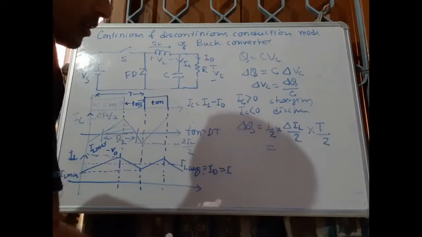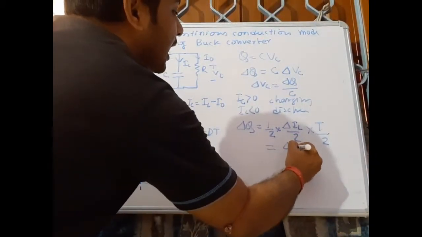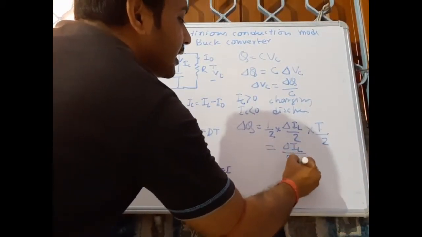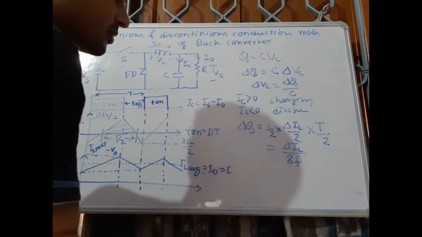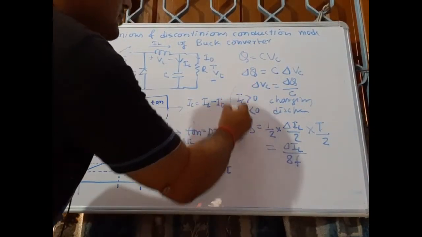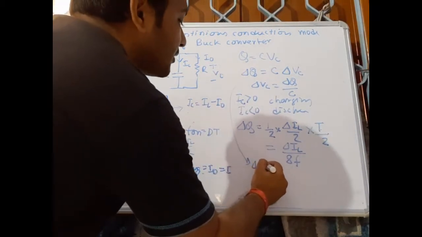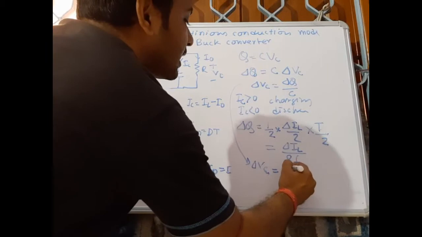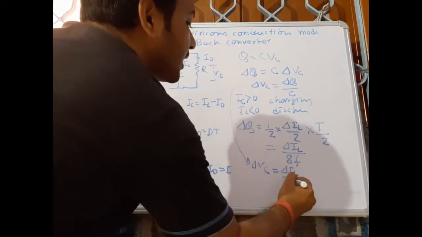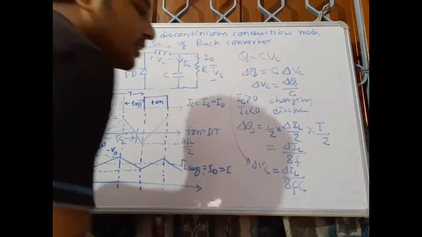So this will be ΔIL divided by 8f. We can write T as 1 by f. So from this equation, ΔVc is equal to ΔIL divided by 8fC.